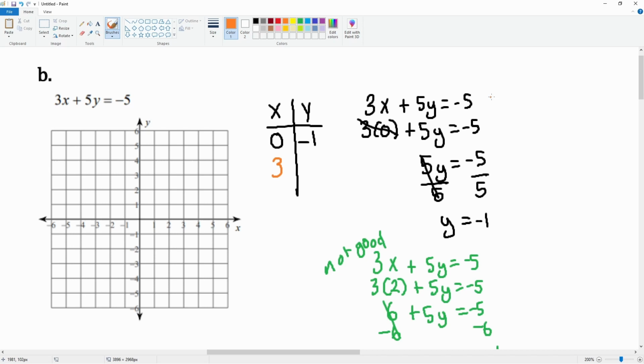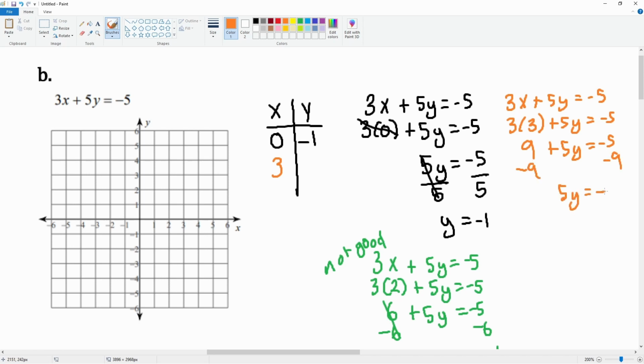And let's do it again. 3x plus 5y is equal to -5. 3 parentheses 3 plus 5y equals -5. 3 times 3 is 9. Plus 5y is equal to -5. Minus 9, you get 5y is equal to -14. Divided by 5, y is equal to -14 over 5. This is also not good.